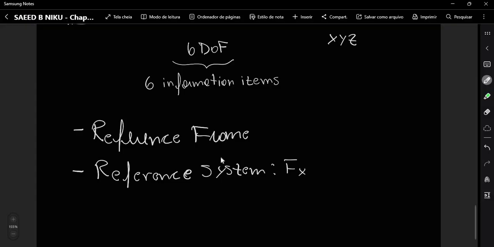You know that they are fxyz and fnoa. A reference system can be the base of the robot, the fixed link of the robot itself, or the end effector.